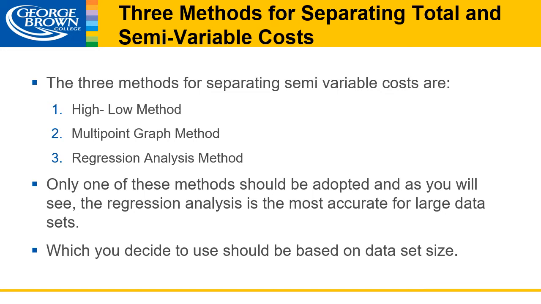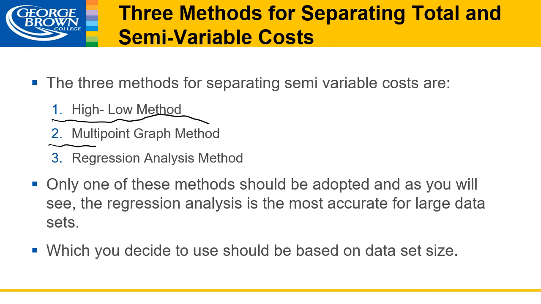The first method is your high-low method, where you compare high figures to low figures, do some division, and it'll give you an average of what your variable cost would be. And thus, if you know what your variable cost is, you subtract your variable cost from the total cost, and it'll give you the fixed component.